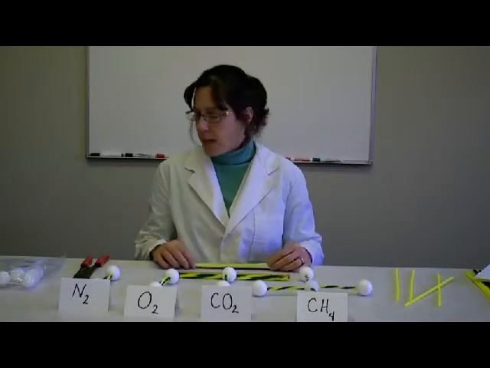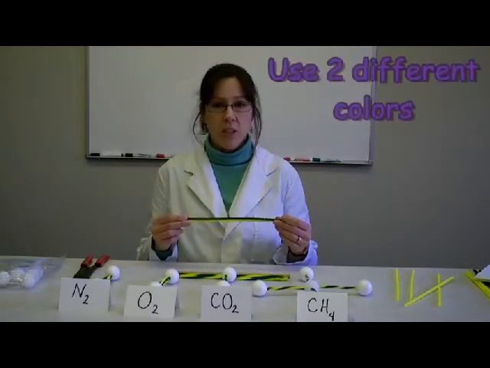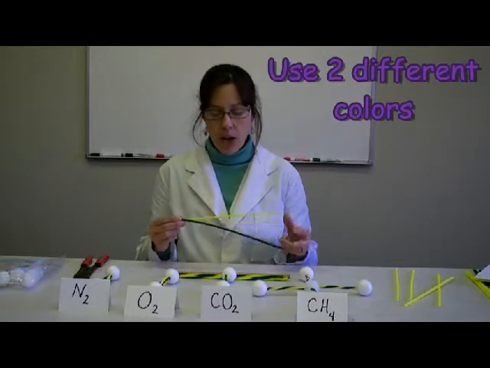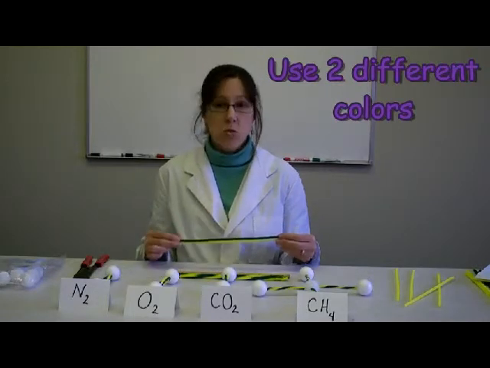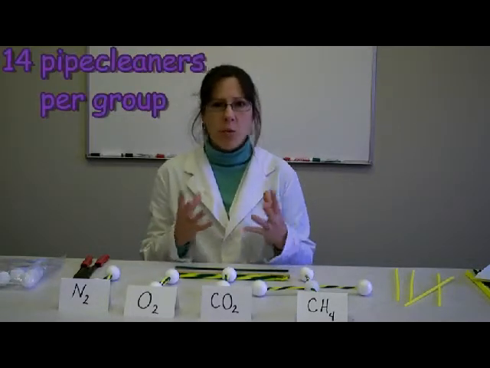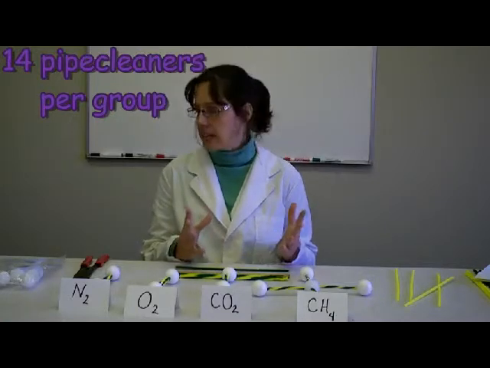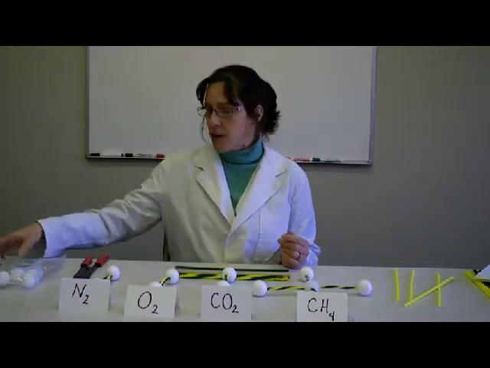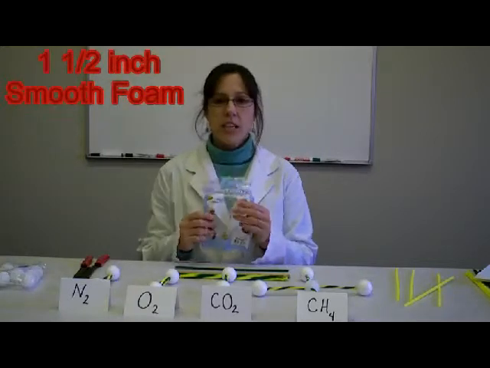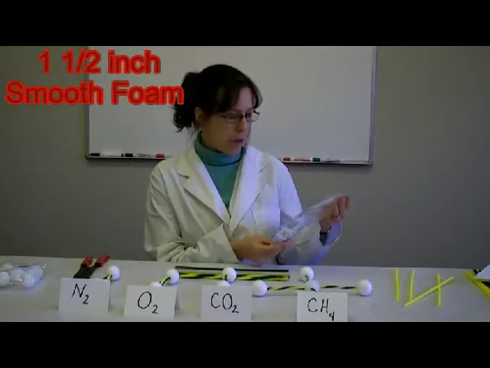For the pipe cleaners, pick 2 different colors just because it's easier to see how you twist them together, because you will need to twist them together to get the right combination of springiness and stiffness. And for the styrofoam balls, I found a particular kind that were smooth styrofoam balls.